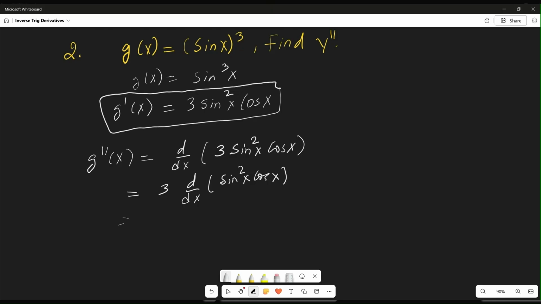So we have 3 times the ab formula, right? So a times the derivative of b, which is cosine x, negative sine x, plus b times the derivative of a.